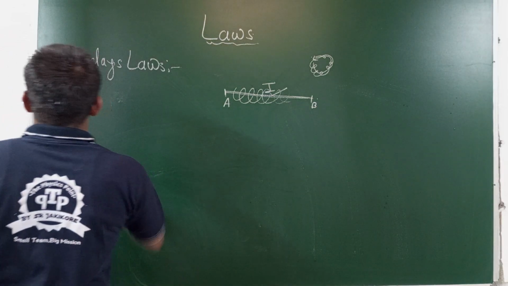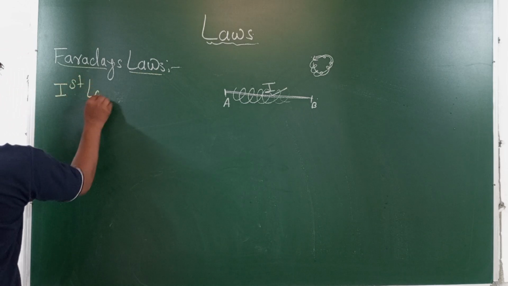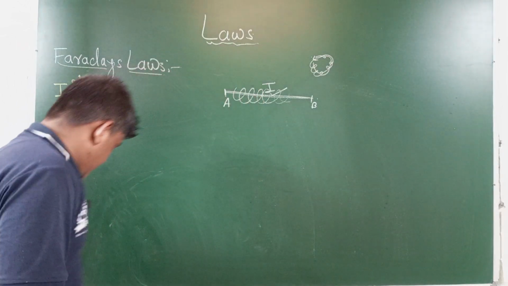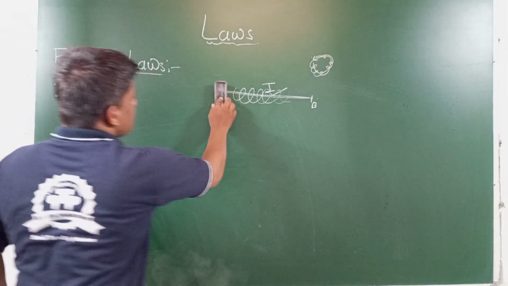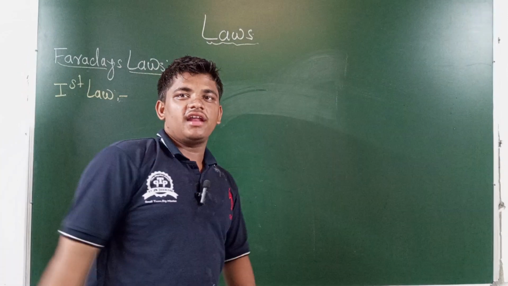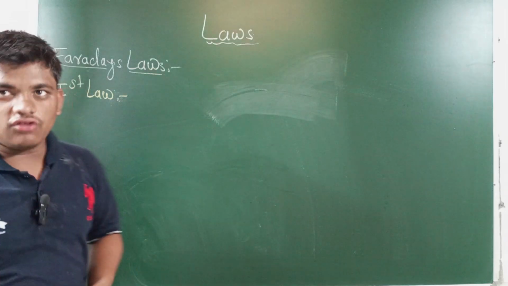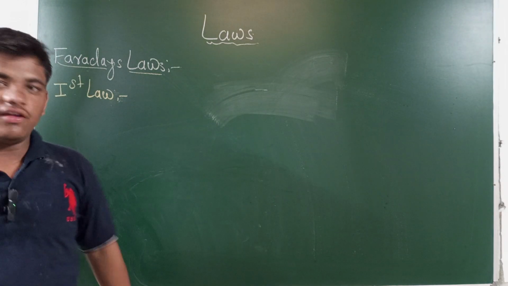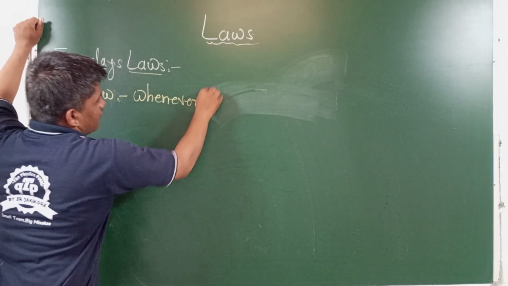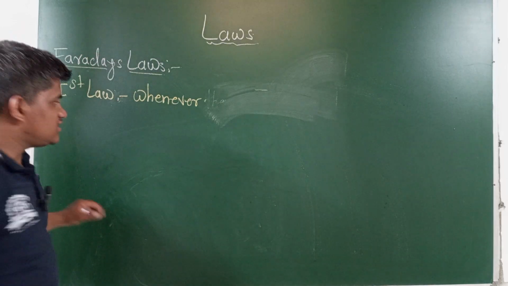Faraday's first law states that whenever there is a change in the magnetic field, how can we change the magnetic field? When we change the supplied current of that conductor. If the current through that conductor is changed, then the magnetic field changes.